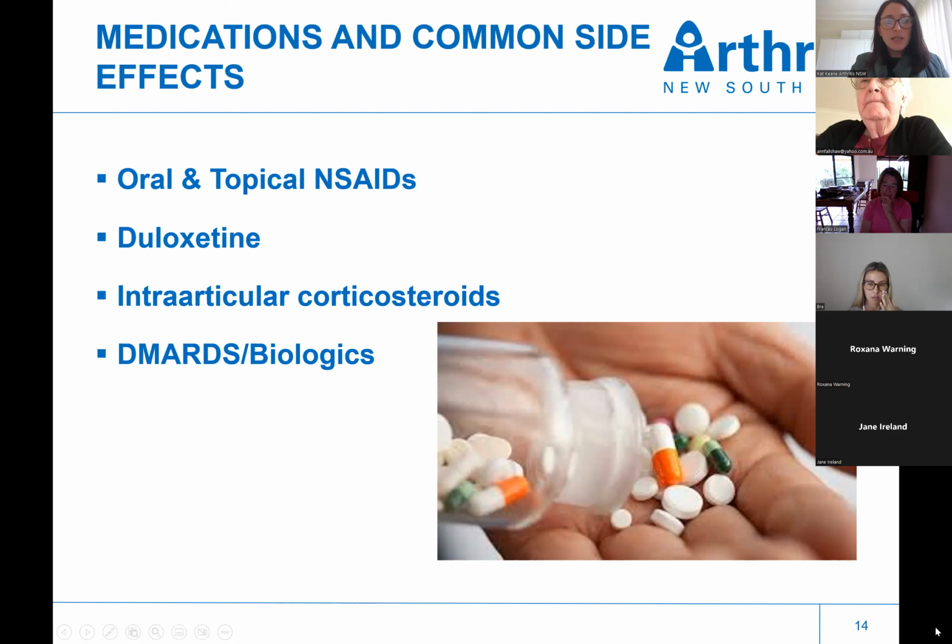And lastly here, we have DMARDs and or biologics. So these are the big players, the big hitters. These suppress our immune system. So these are really working on the adaptive immune system and to help control inflammation. And all of them will increase your risk of infection.